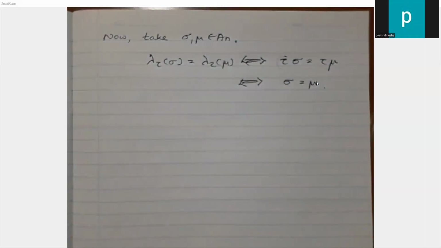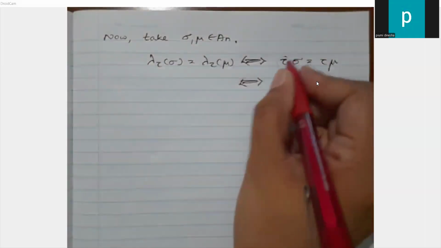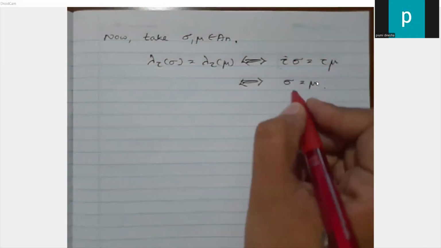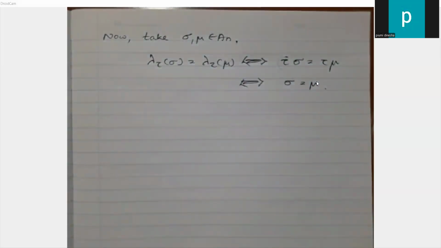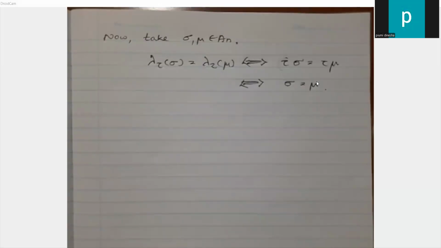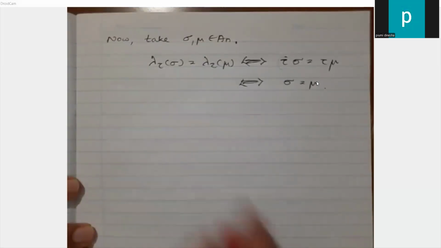So it's an element in that group. The inverse for that exists, and the inverse is unique. We take the inverse of tau on both sides in order to get to this other step. After taking the inverse of tau on the left on both sides, we see that we end up with sigma equals mu.